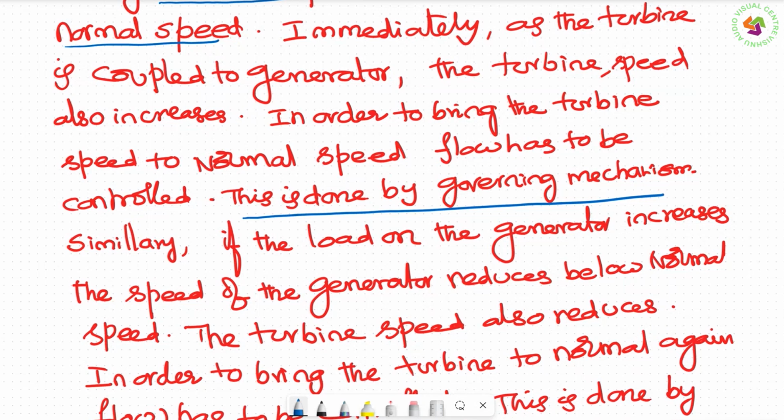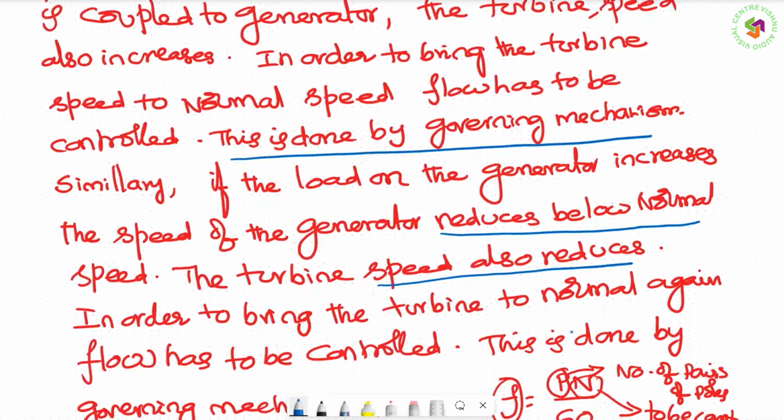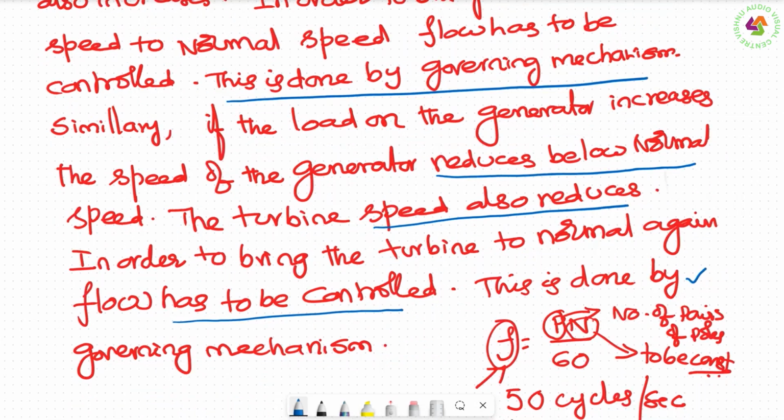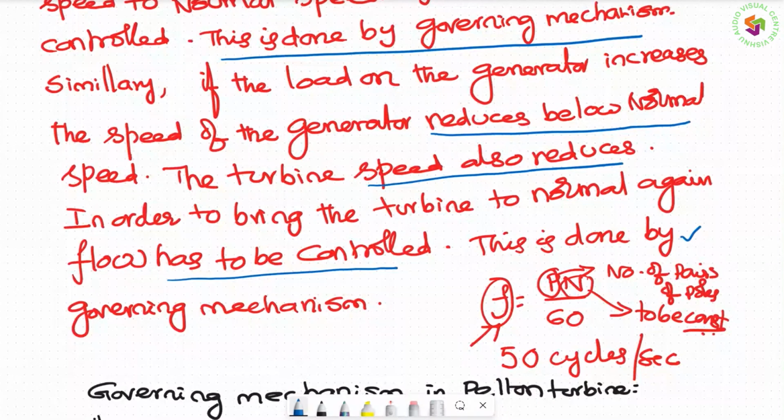Similarly, if the load on the generator increases, the generator speed reduces below normal speed, and the turbine speed also reduces. To bring the turbine back to normal, the flow has to be controlled. That means we need to supply more water onto the turbine, and this is done by the governing mechanism.